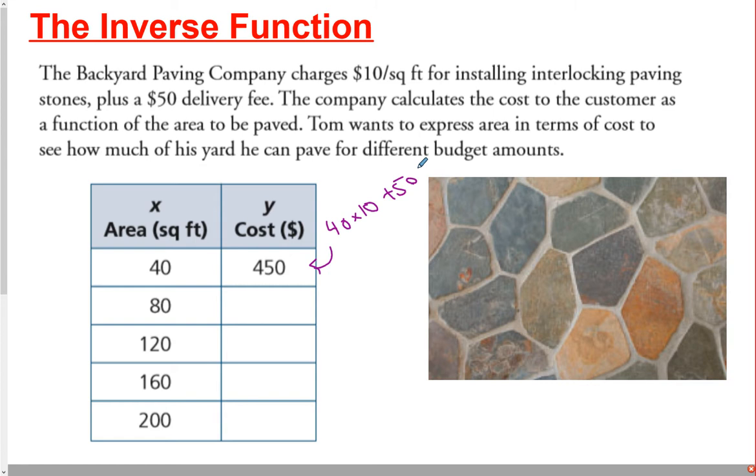Okay, so just as a little bit of practice right now, I'd like you to take 60 seconds, and I'd like you to calculate what's going to go in those other 4 boxes.